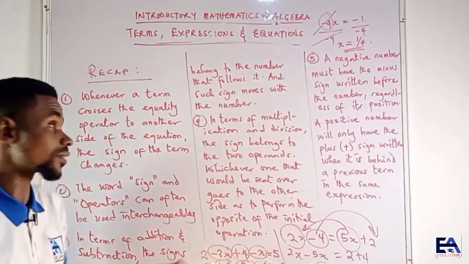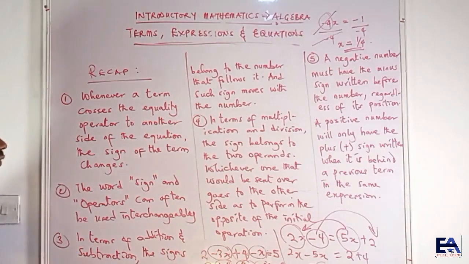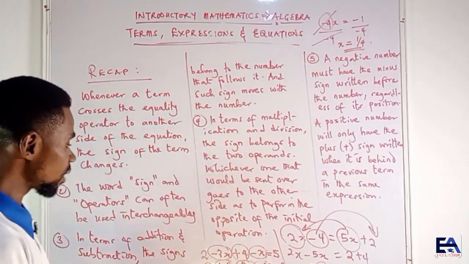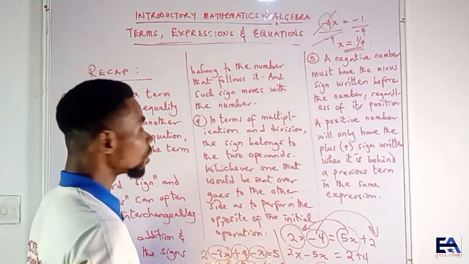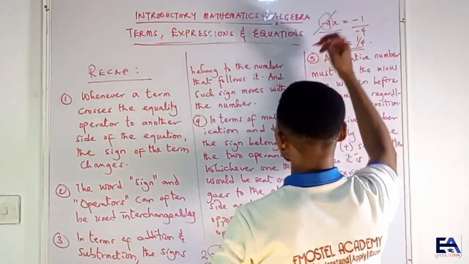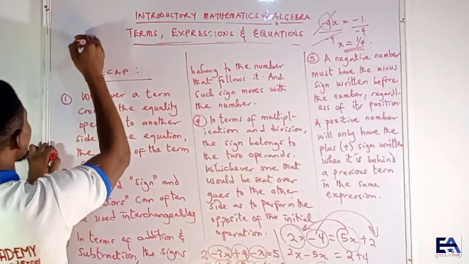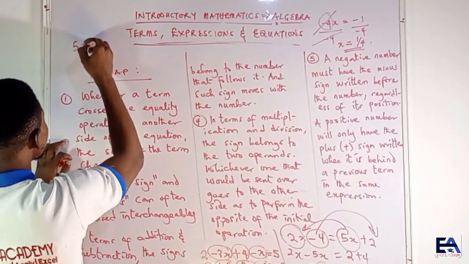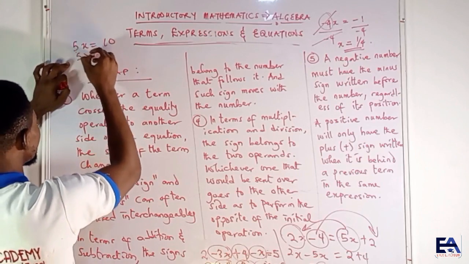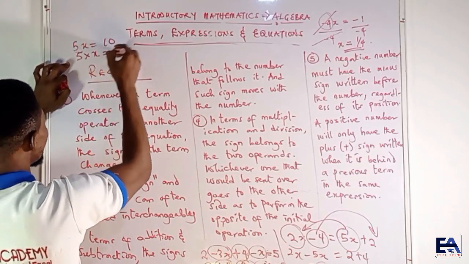So that's just it. I believe you've learned all of that. But in terms of multiplication, the sign belongs to the two of them. So for multiplication, we may have 5x equals 10. Remember that this 5x can be seen as 5 times x, equals 10.